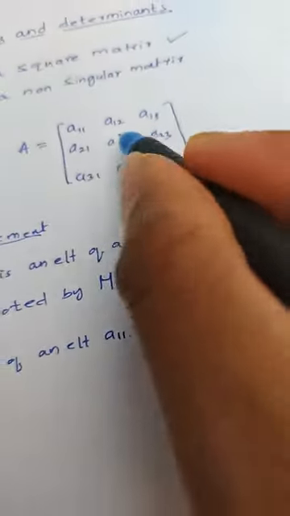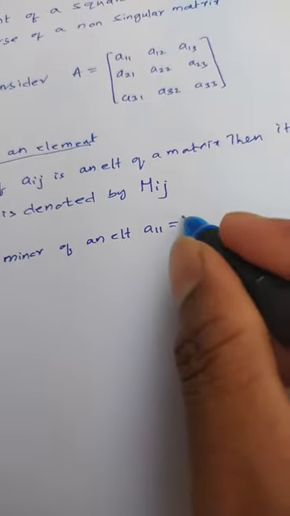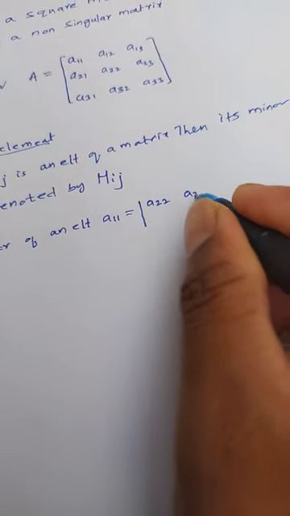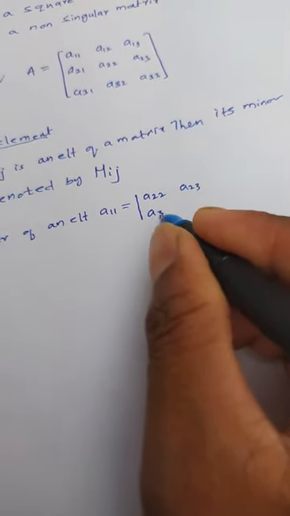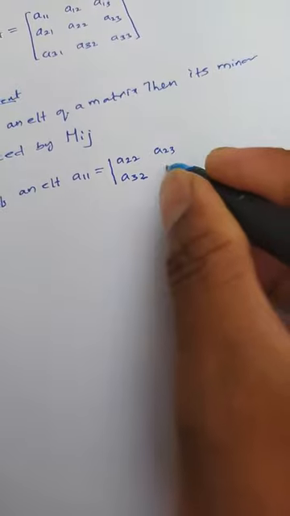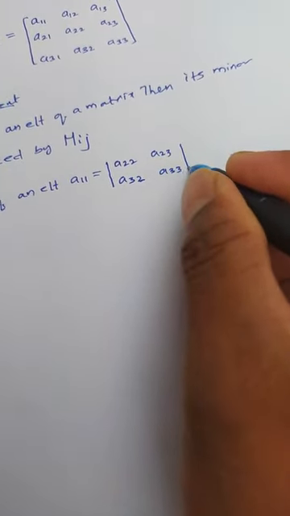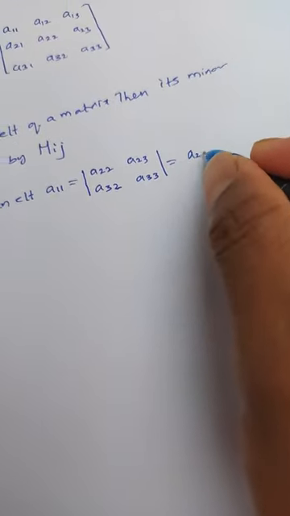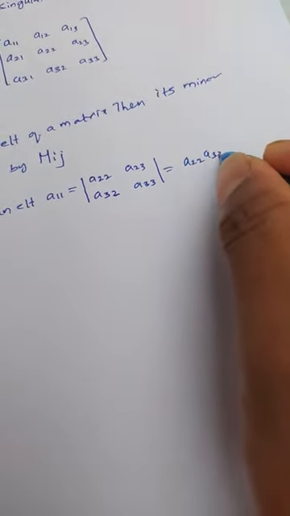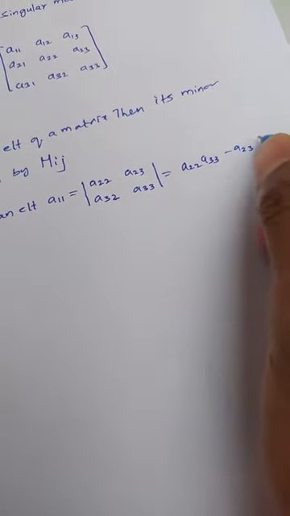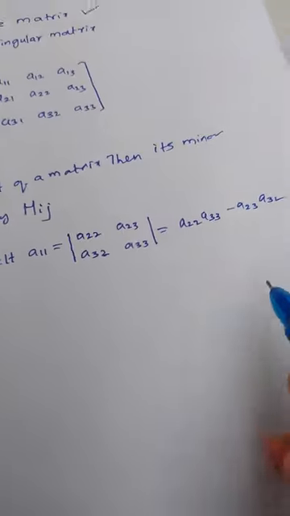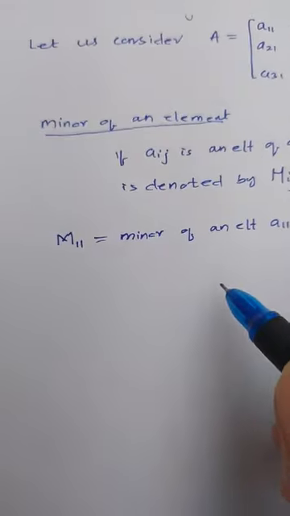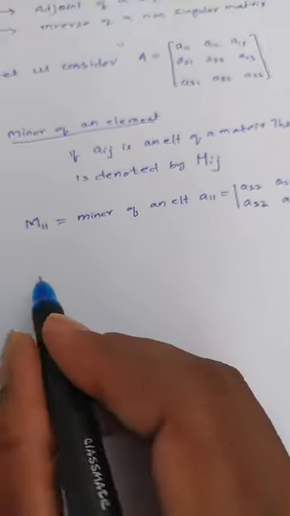By taking the determinant of these 4 elements you will get the minor of the first element. So I am taking the determinant of these 4 elements a22, a23, a32 and a33. We know how to find the determinant: the product a22 a33 minus a23 a32. Now this gives the minor of the first element a11, and it is denoted by M11.